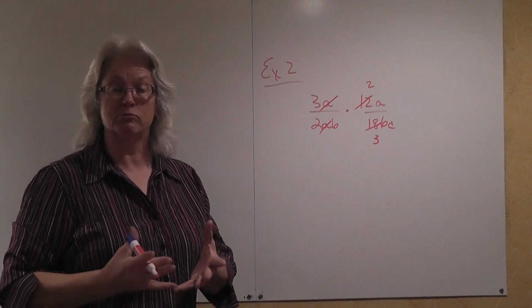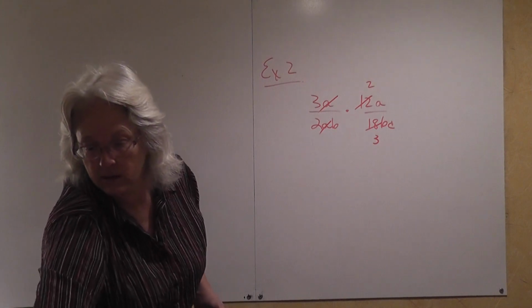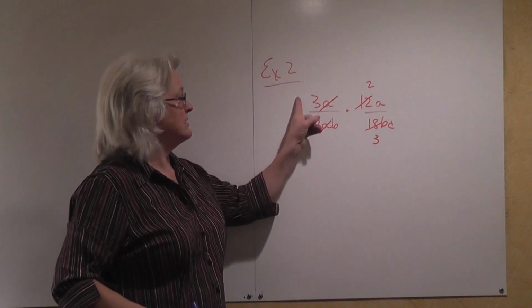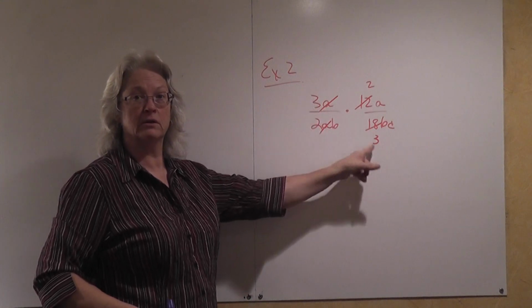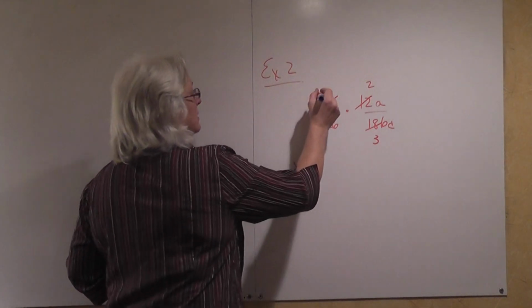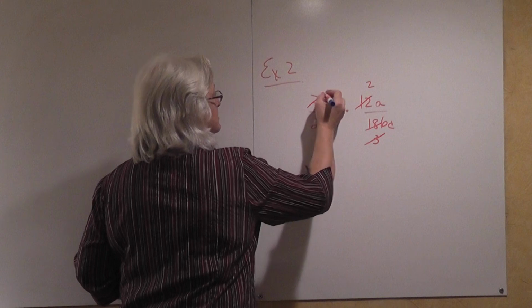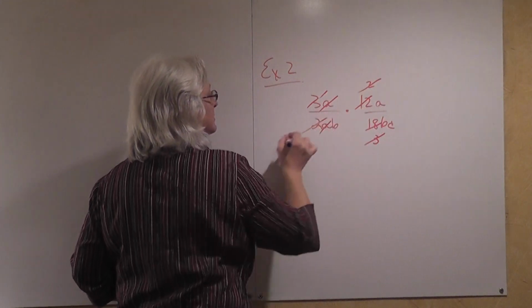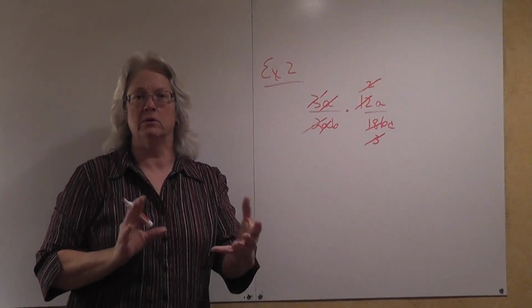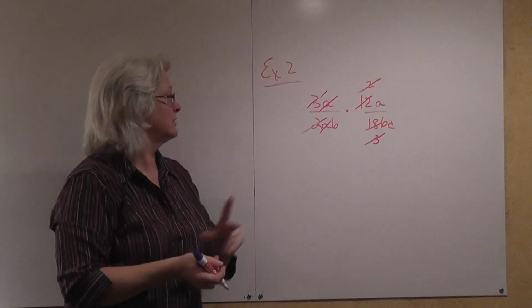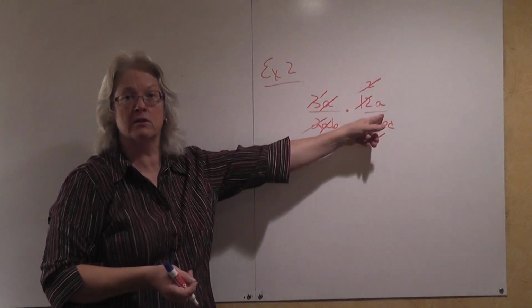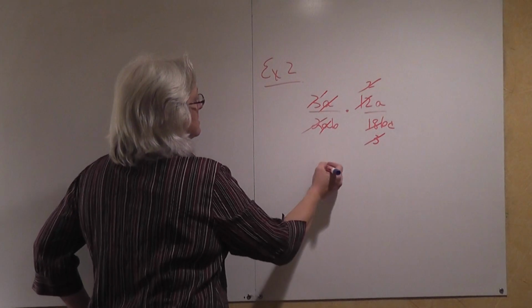Am I finished reducing my fraction yet? No, because now I have a factor of 3 in common that I can reduce. I also have another factor of 2. So by canceling common factors early, I've eliminated everything in the numerator except a.